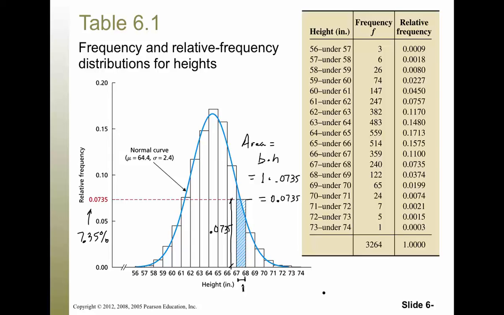So what we're going to start thinking about is areas under the curve, and I'm laying the foundation for the fact that the value of the area under the curve is equivalent to relative frequency.